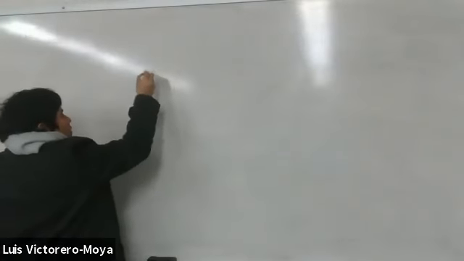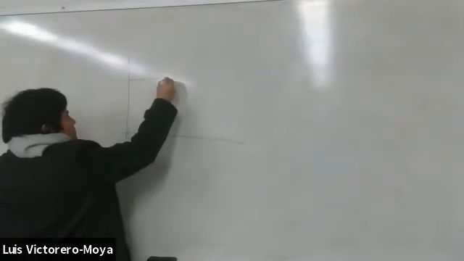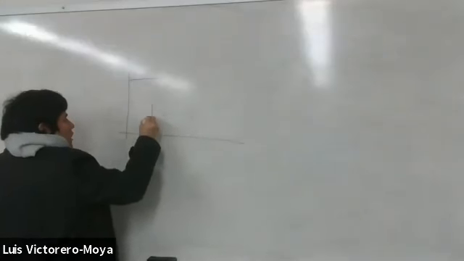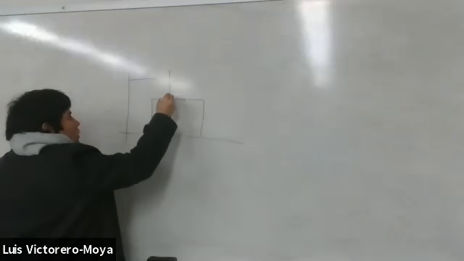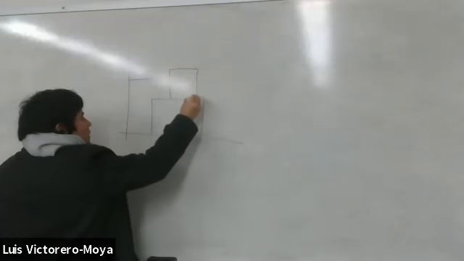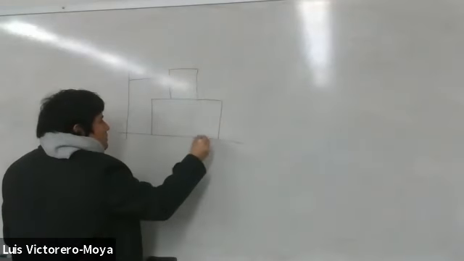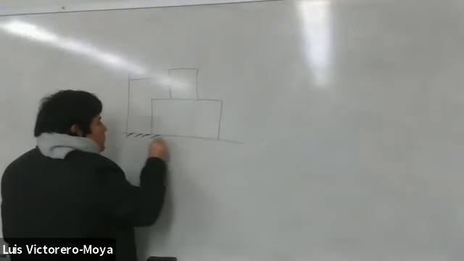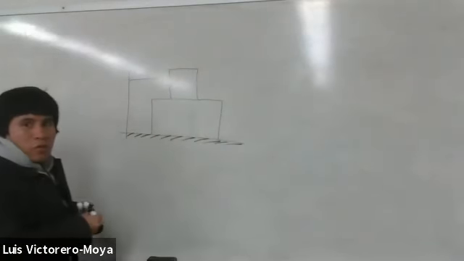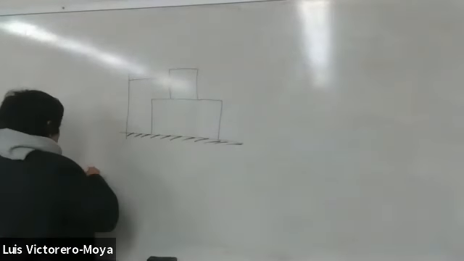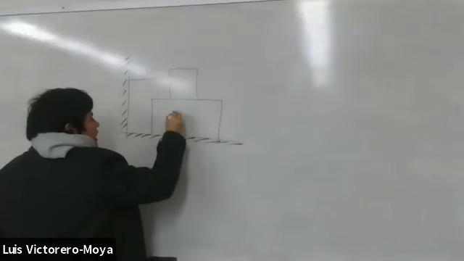You have a wall, you have a tension, and then you have a big mass and a small mass here. Let's make this bigger. This is the wall. This is 10 kilograms.